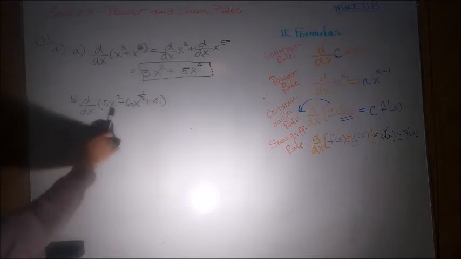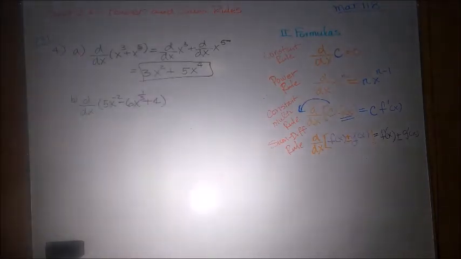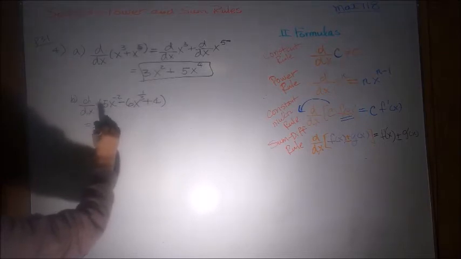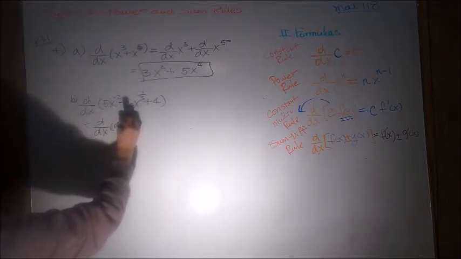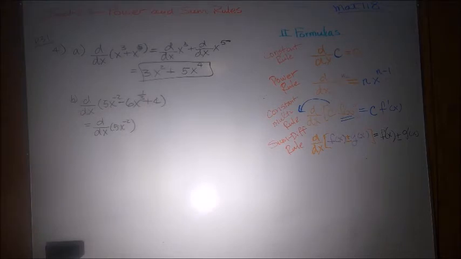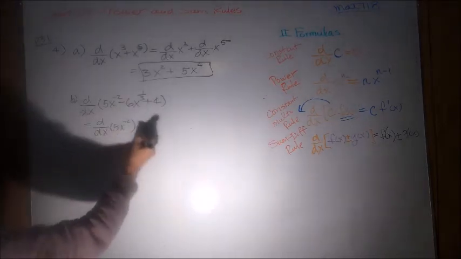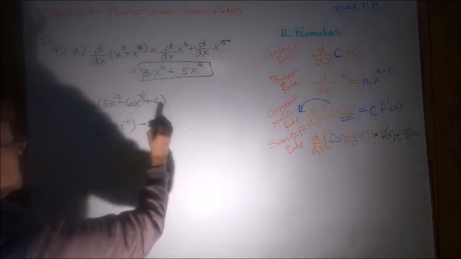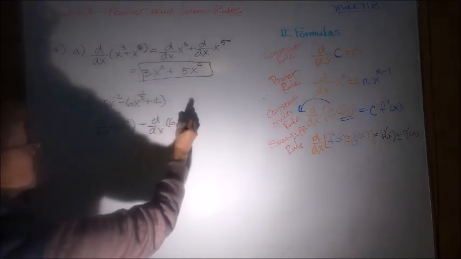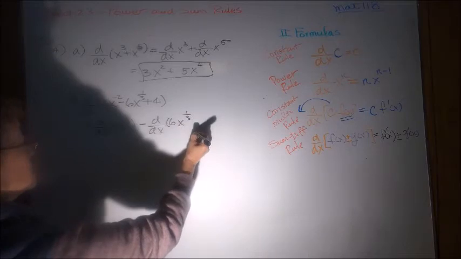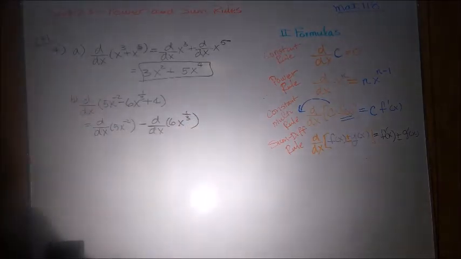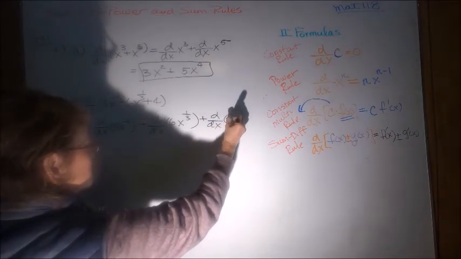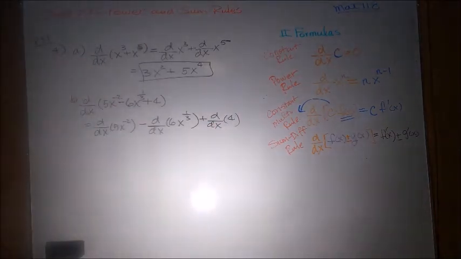But we learned an individual variable with power, we just use power rule, right? But first, we write it separately. That's d dx of 5x to the negative 2, right? This is a minus, so it's a minus d dx 6x to the 1/3, right? Then plus what? D dx of the constant.